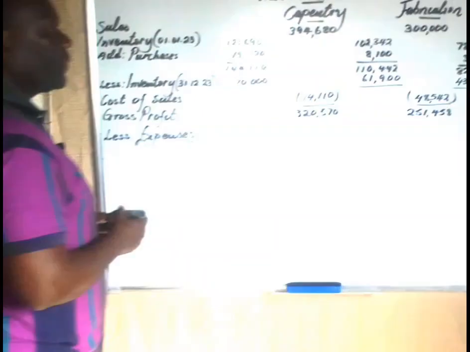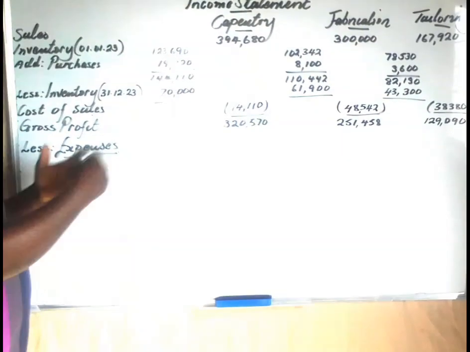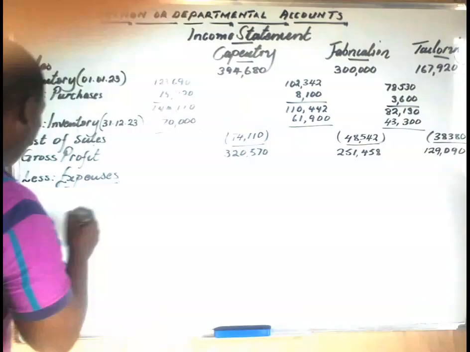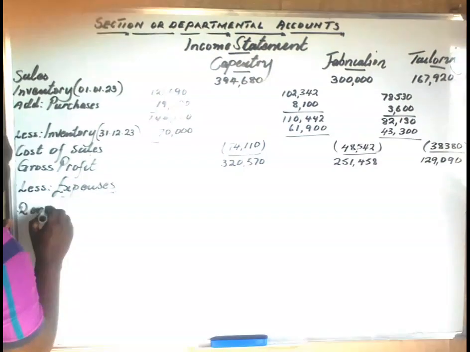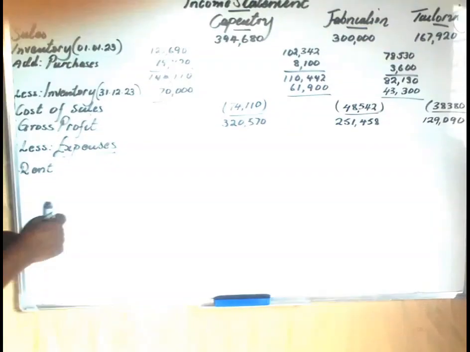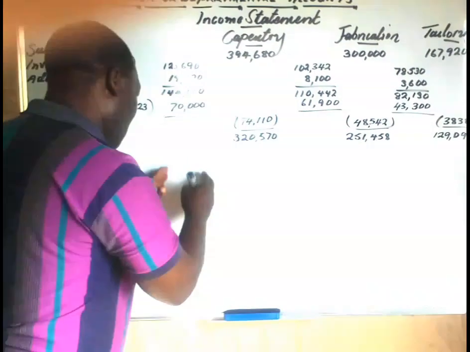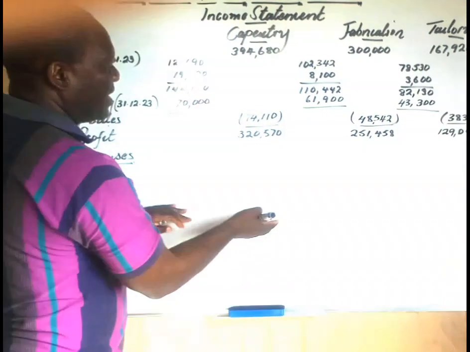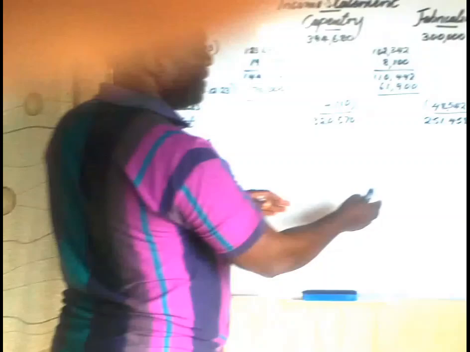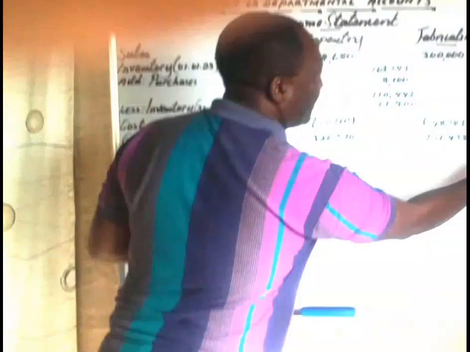Okay, the expenses are straightforward. We had rent. Rent for carpentry will come here. I'll add all the expenses, then subtract from the gross profit. Even here, it will be the same. Even there, it will be the same.